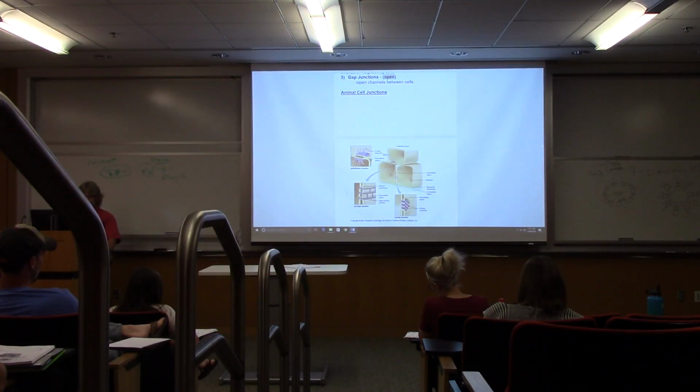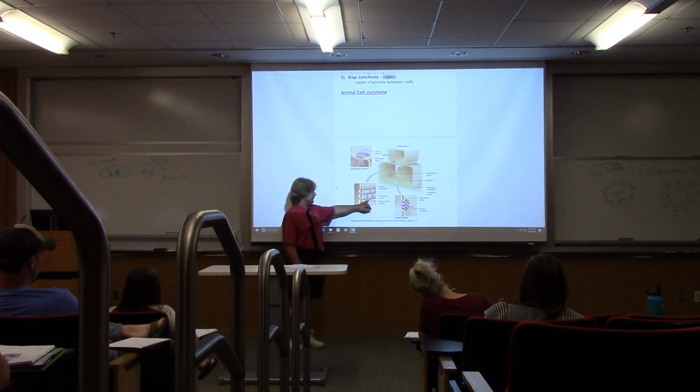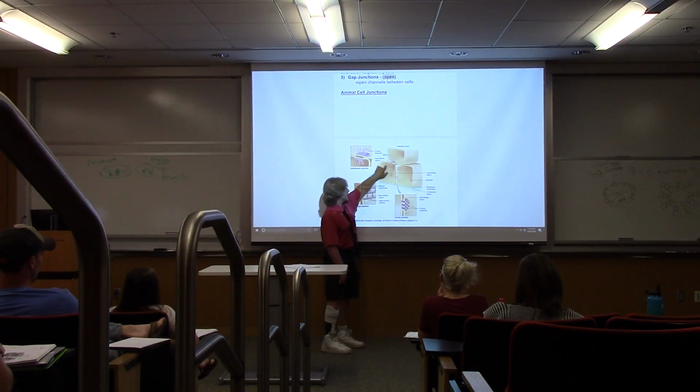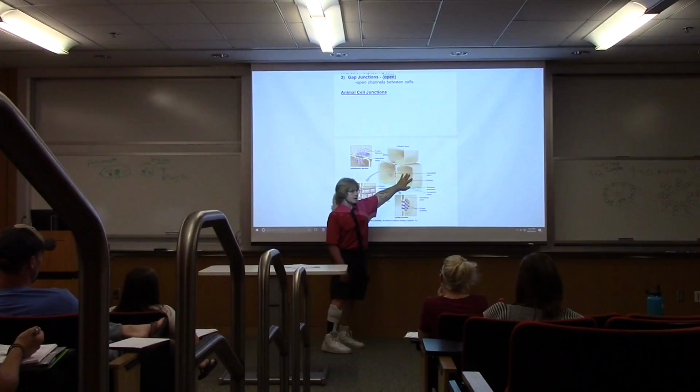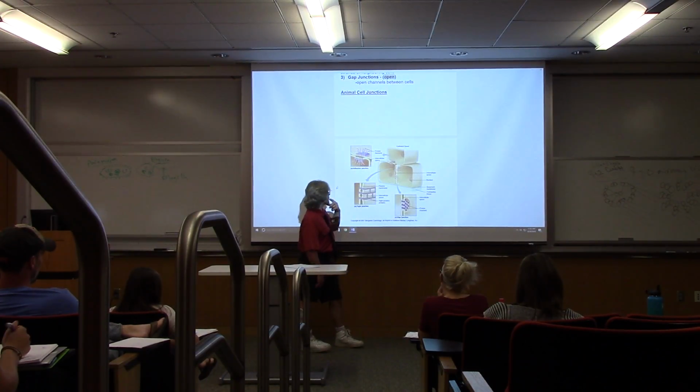If you've ever seen or done any welding yourself, you can definitely see the rivets, very, very holding tightly together. One cell, one plasma membrane to another plasma membrane. And again, this would represent one cell, and this would represent another cell, and this would be a third cell.